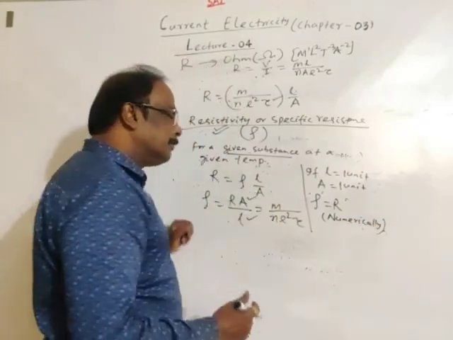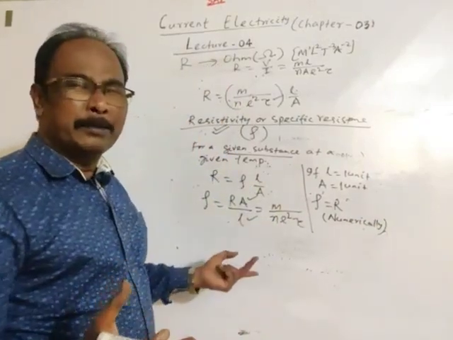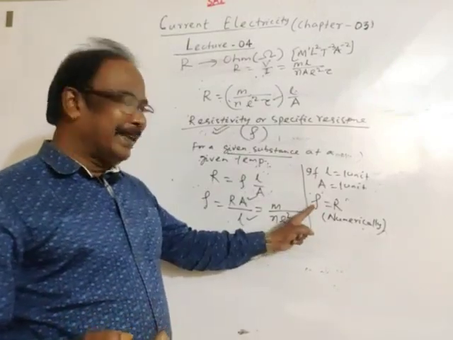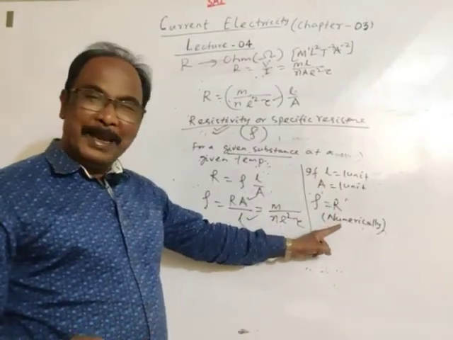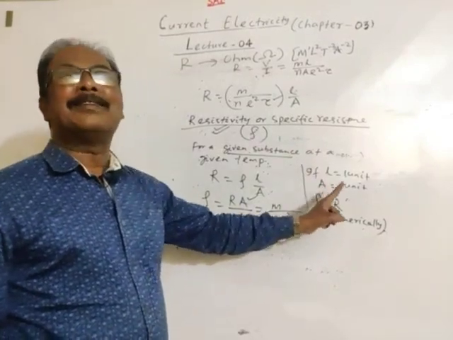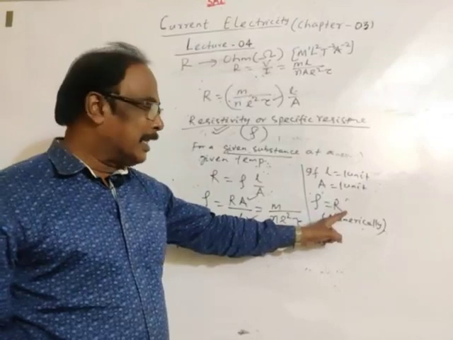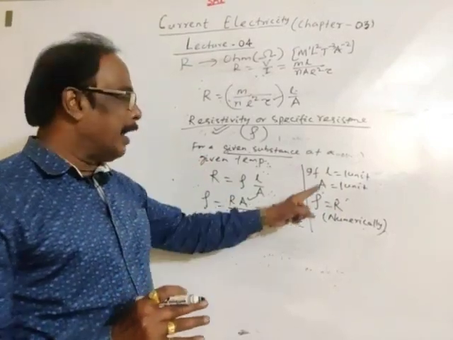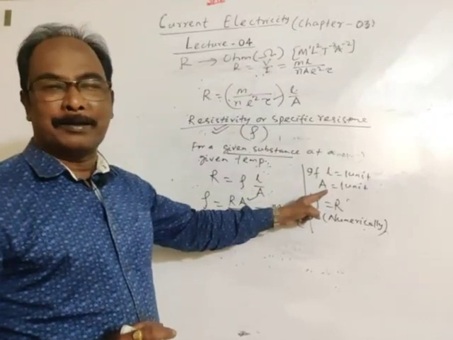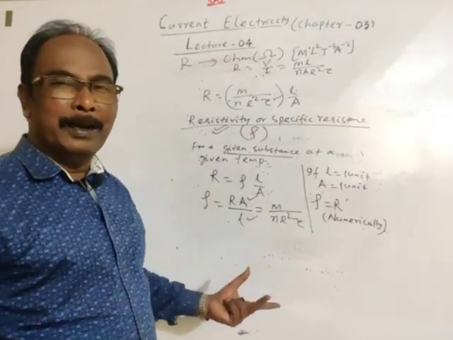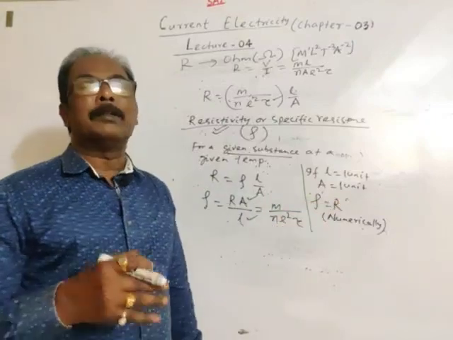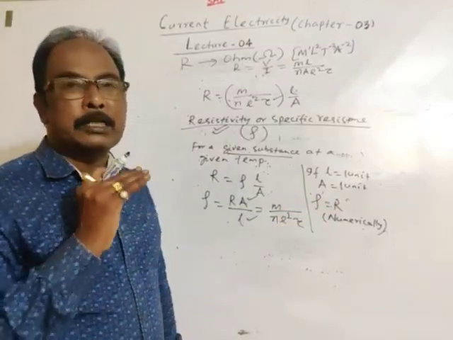Numerically, since the units will be different. So we may say resistivity is numerically equal to resistance for a conductor having unit length and unit area of cross section.